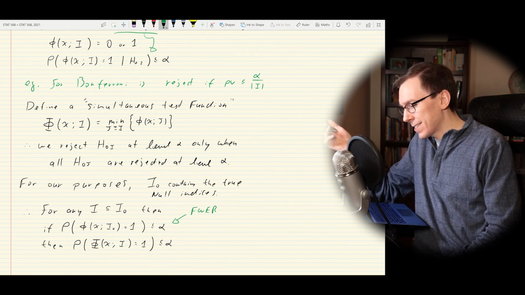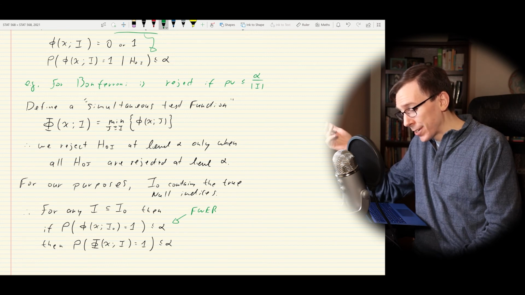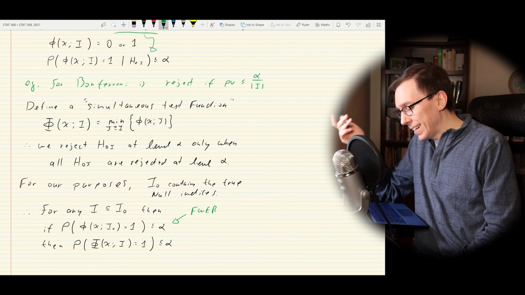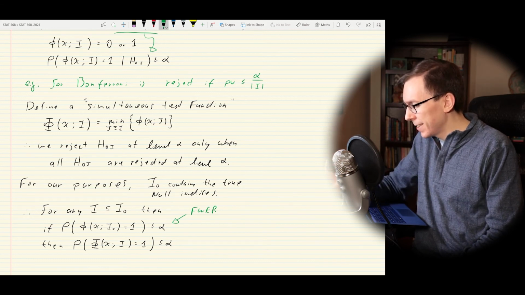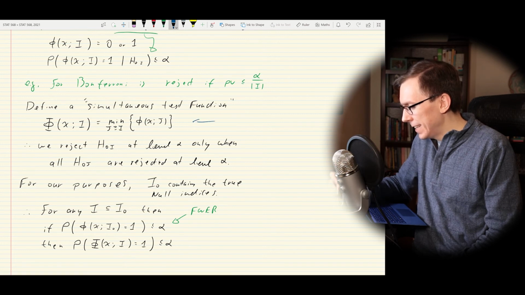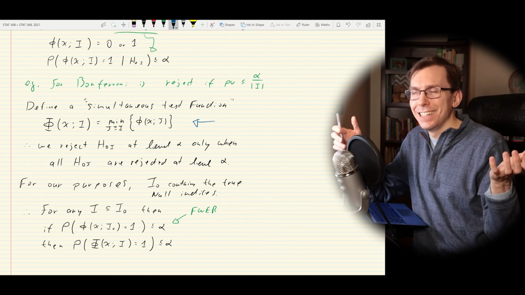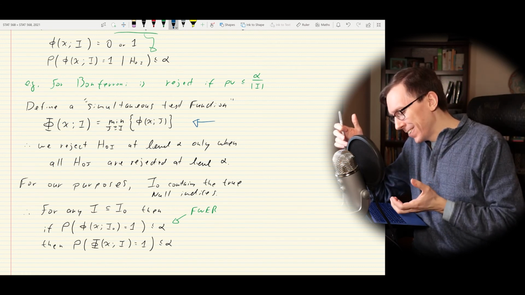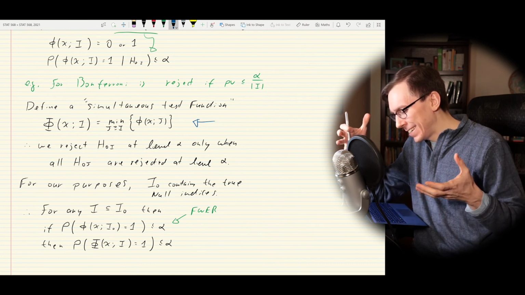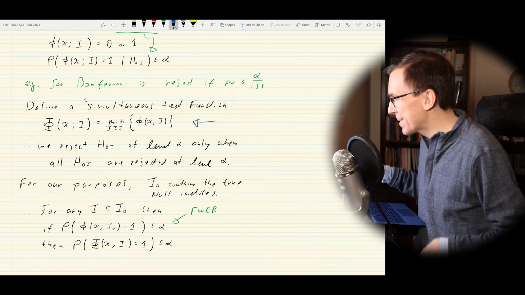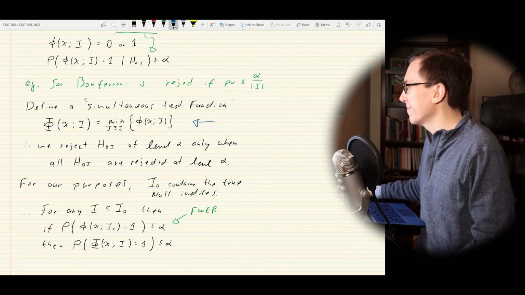If that's true, then this abstract notion of a simultaneous test function will also have the probability of that equaling 1 less than or equal to alpha because of the way that it is defined up here, in the sense that it has to be the minimum over all J that contain I, and I naught contains I. So the probability still has to be less than alpha, I guess, because of set theory, perhaps, the fact that we have nested sets. All right.